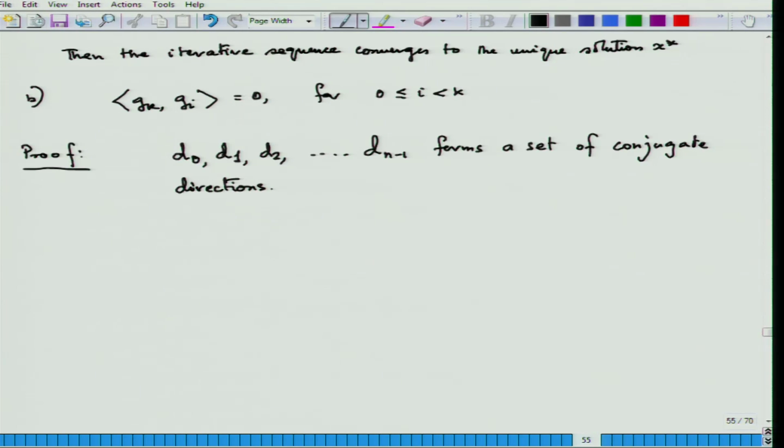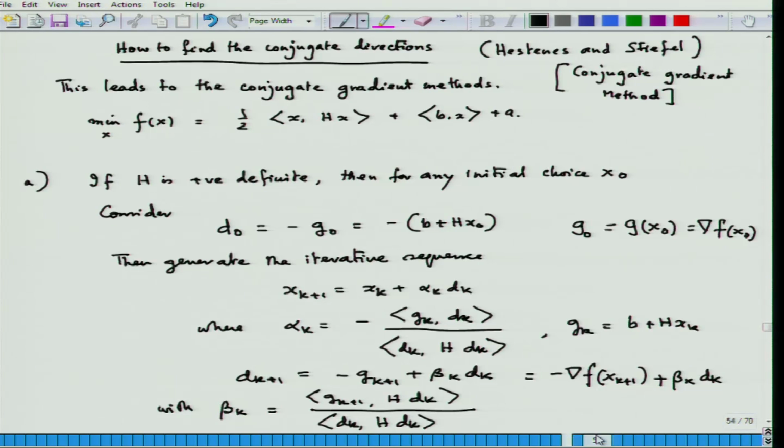And how do I prove that? What I want to prove is that di H dj is zero, obviously conjugate directions with respect to H, because the original problem has the Hessian matrix H, and of course you have to consider this as positive definite, which I have already written.